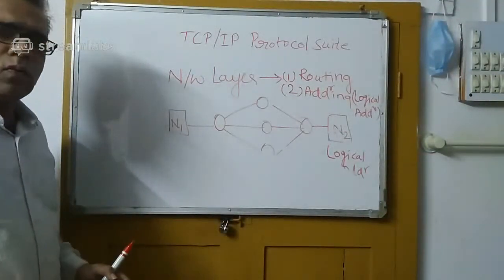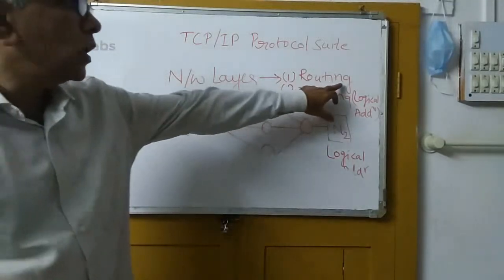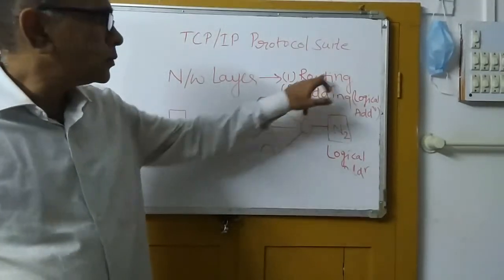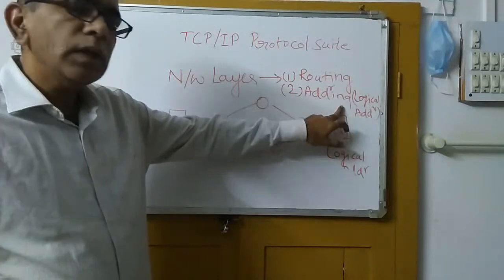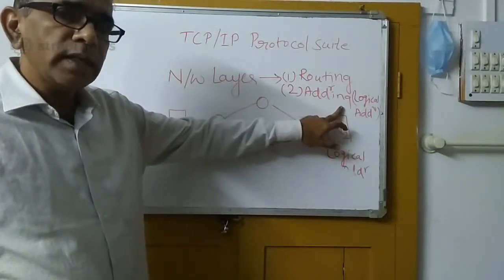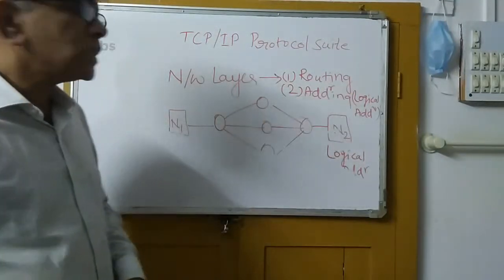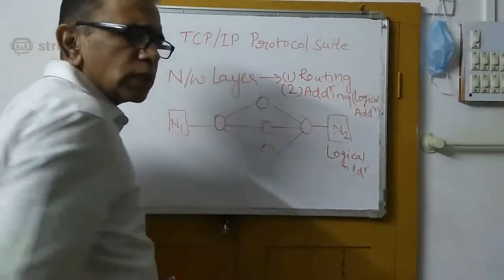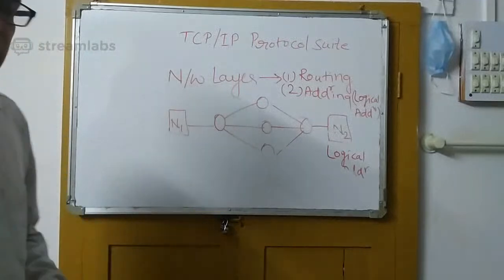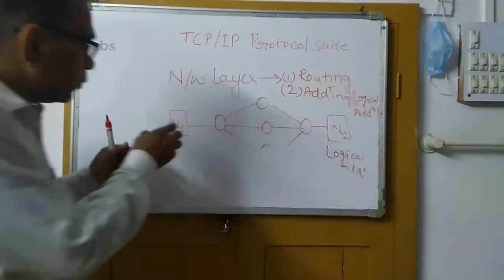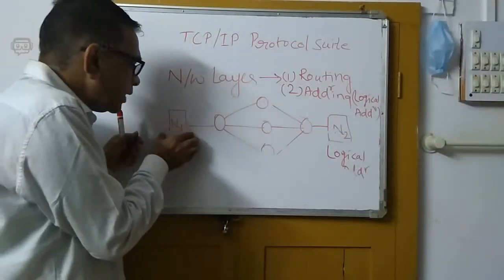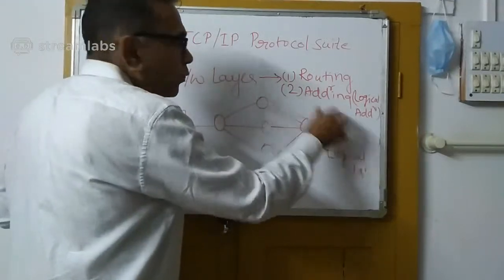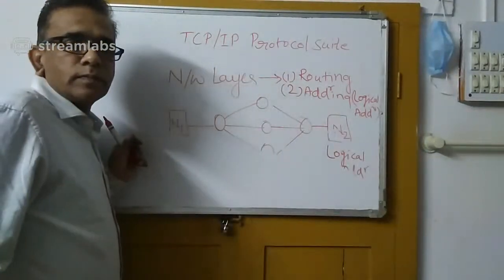Now two things: it performs routing and it also performs addressing. Addressing is going to be done by this network layer. Routing is the job of finding the specific path to reach the destination. Now see, we know the technique of reaching from this node to this node with the help of the network layer.